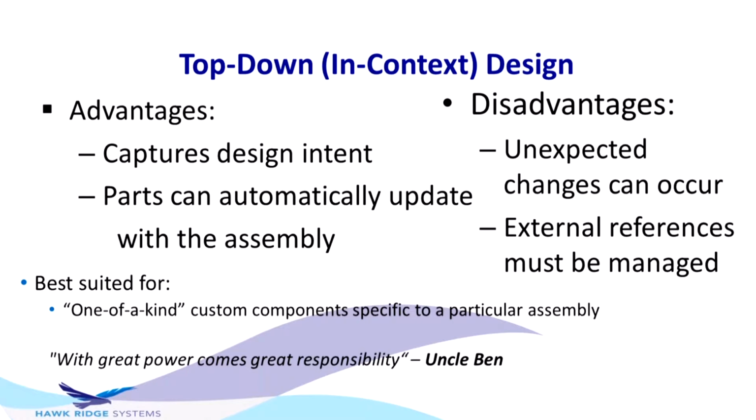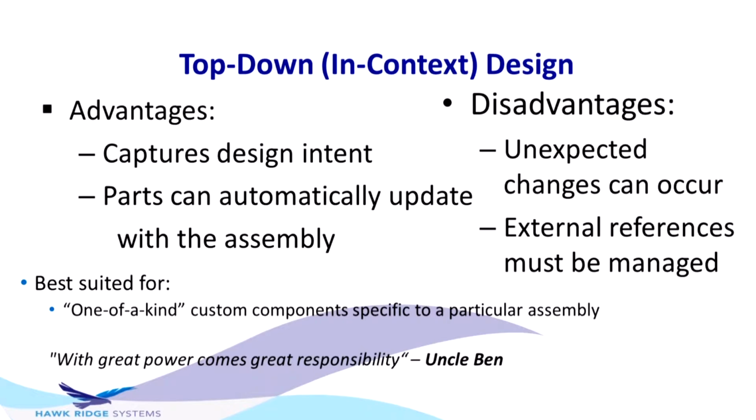That's where you would most likely want to use top-down design. Say we're going to do a pump guard. That pump guard is not going to be used elsewhere in another assembly. It's going to be specific to this one. You can see here I put a quote: with great power comes great responsibility. It's very powerful, but at the same time you have to learn how to manage it.